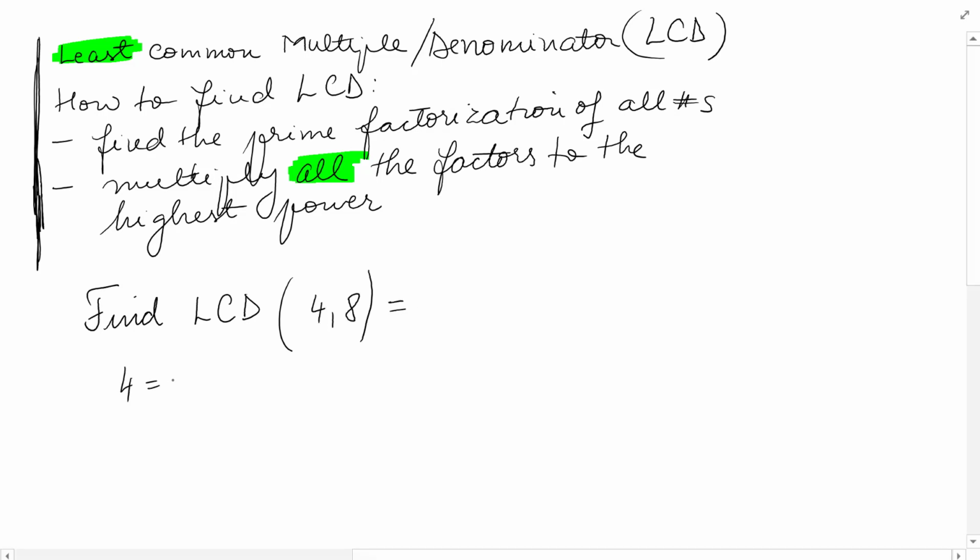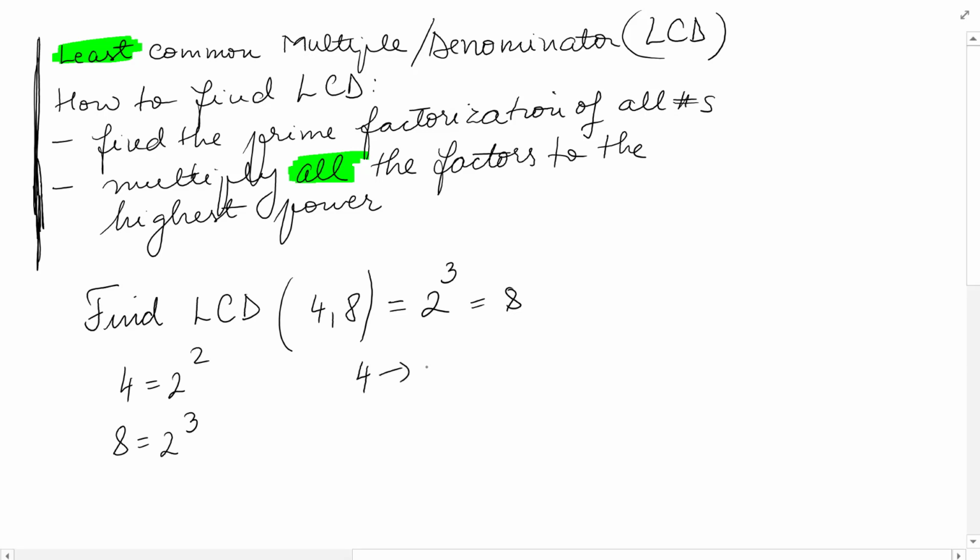least common denominator of 4 and 8. So 4 is 2 to the second, as we saw previously. 8 is 2 to the third. And the rule says multiply all the factors to the highest power. So 2 to the third, which makes it 8. So the least common denominator or least common multiple of 4 and 8 is 8. And just think about it.